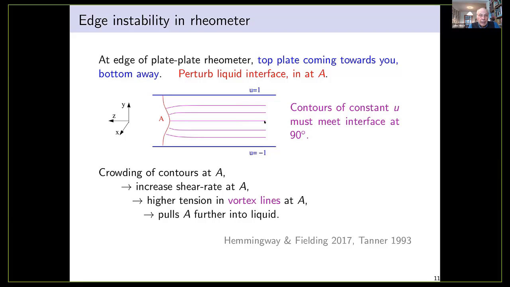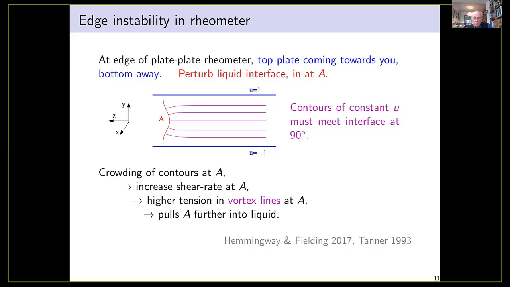Now we consider the interface between the liquid and the air being perturbed a bit. Instead of being a straight line between the top and bottom plates, there's a little indentation at A into the liquid. These contours of constant velocity u have to meet this interface at right angles.